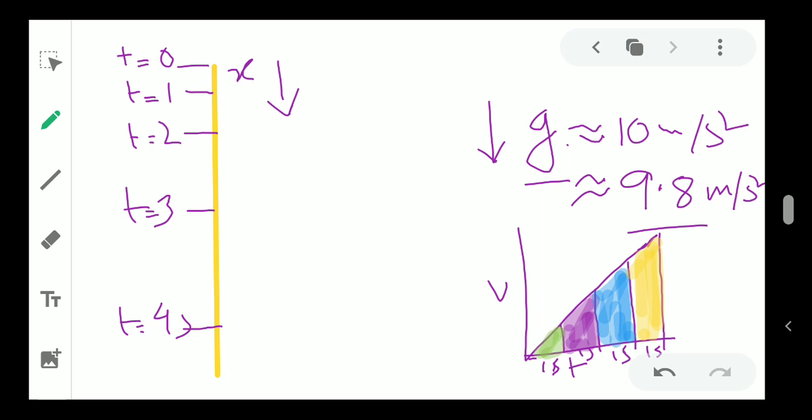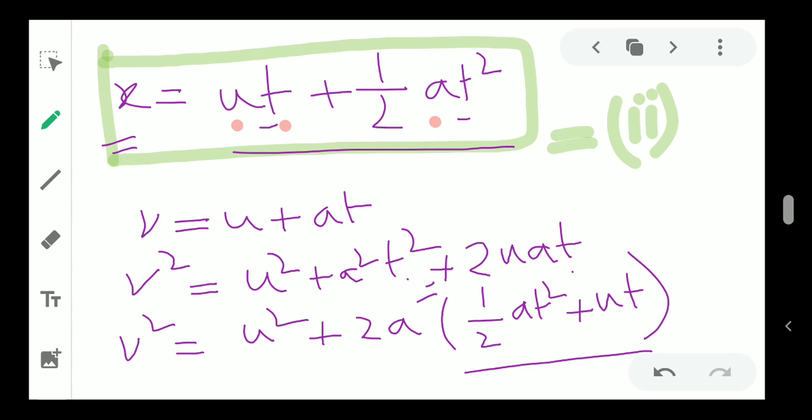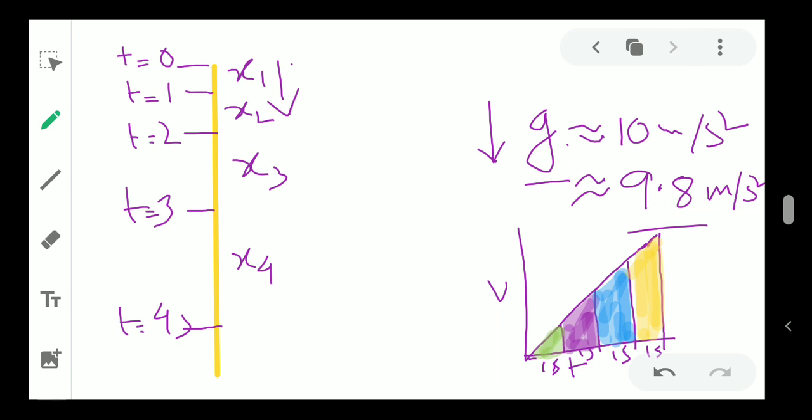So let's say this is my x1, this is x2, this is x3, this is x4, and so on. Now I know with these formulas I can find the distance very easily. With time, I know the initial velocity. Let's say I am dropping it from rest, that means I'm just holding it in my hand and dropping it. So the velocity it starts with is 0, that means u is 0 in this case.